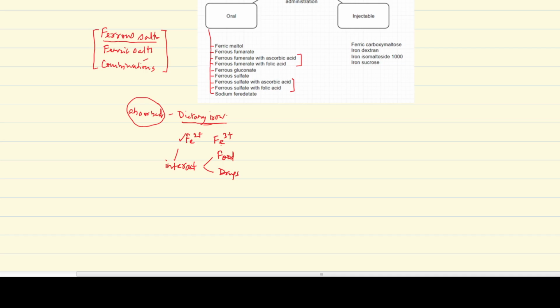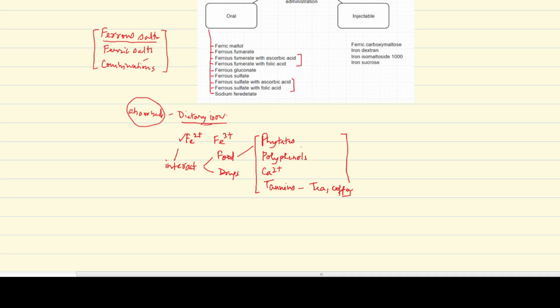So what are the important food constituents? The important food constituents are phytates, polyphenols, and calcium, and the other important ingredients, tannins. You remember they are present in tea, coffee. Okay, so these are the constituents in the diet with which iron can interact.